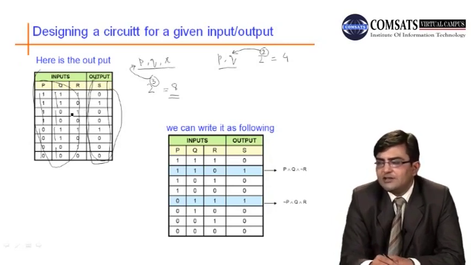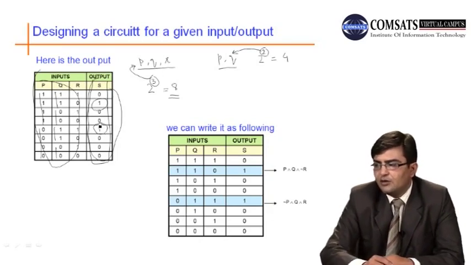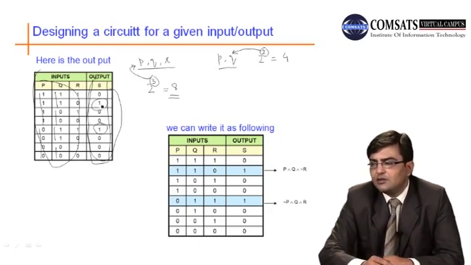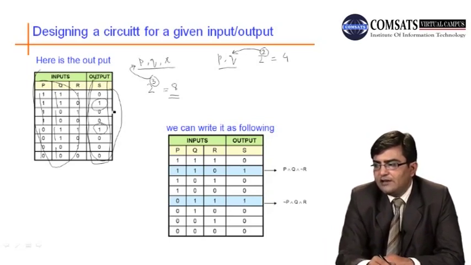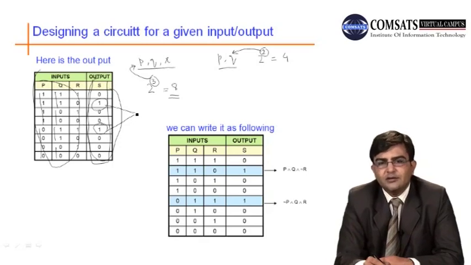So first of all, we shall locate the ones in the output. There are only 2 ones in this output. Ones means true, so there are only 2 true outputs in this column. We always construct a circuit for the true values in an output.